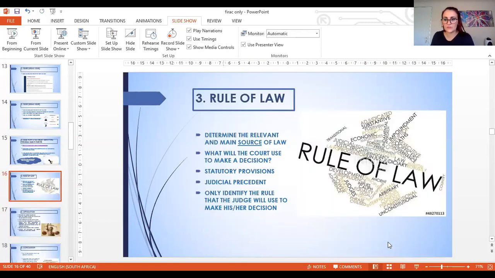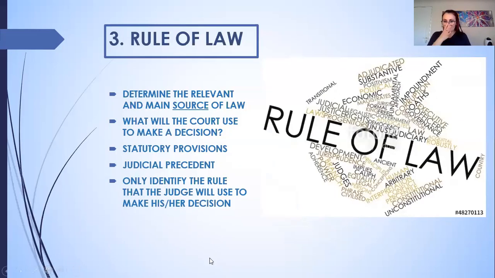Okay. So the rule of law. Now, this is where students tend to get a little bit confused every now and again, but I'm going to hold your hand and make sure that we all understand this. I don't know why students tend to get confused at this point, because the rule of law is actually quite self-explanatory.